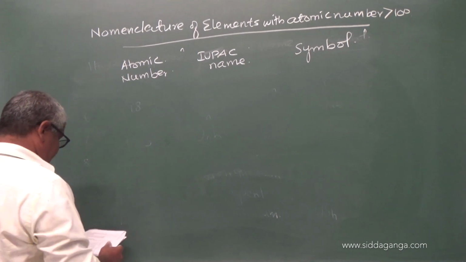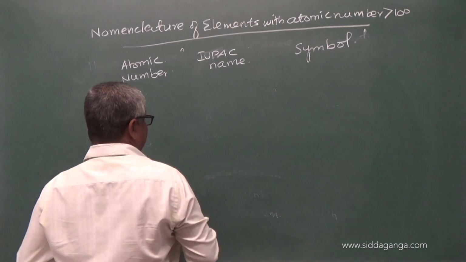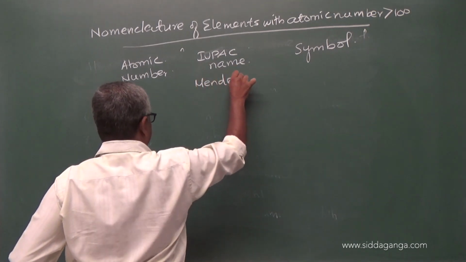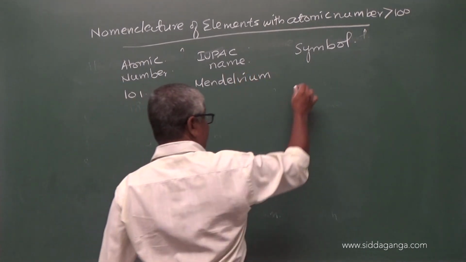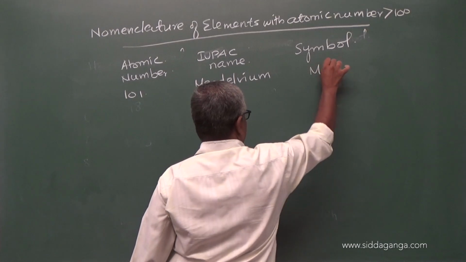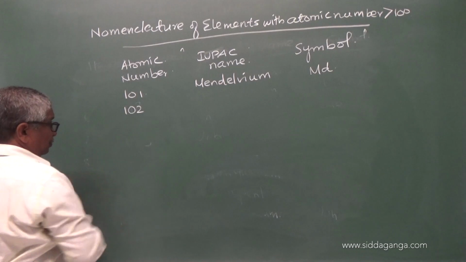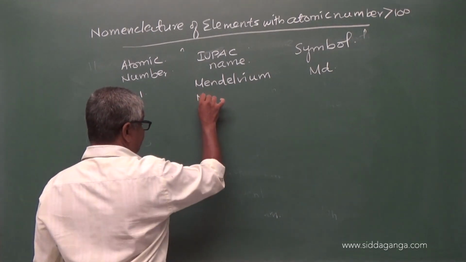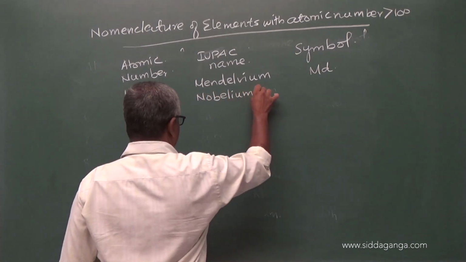First it is 101. IUPAC name is Mendelevium. Symbol it is Md. 102 is Nobelium.